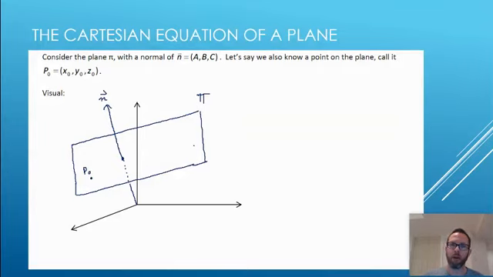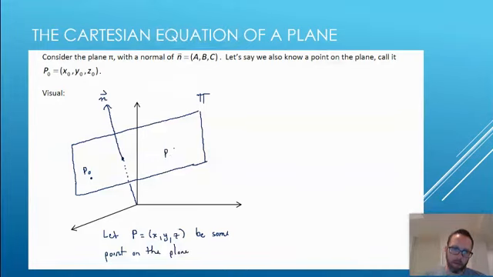So I'm going to show you guys how we can derive an equation for the plane. We're going to let P be some point on the plane. So point P with components x, y, z is just some other point on the plane.